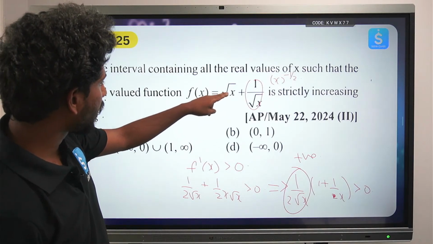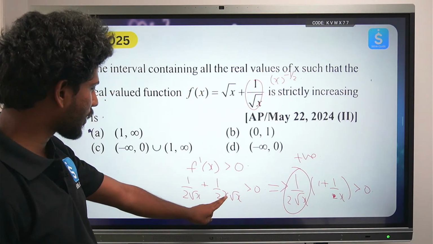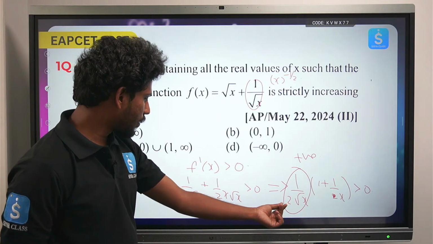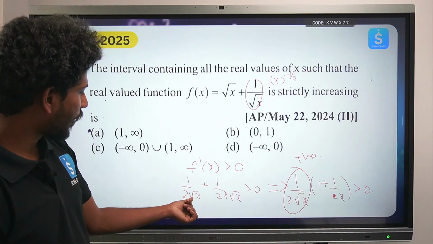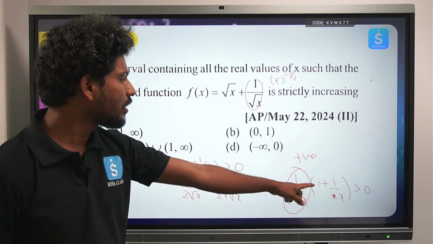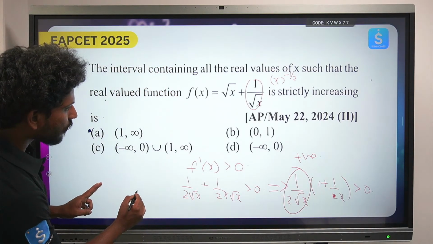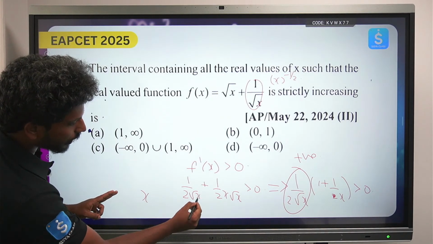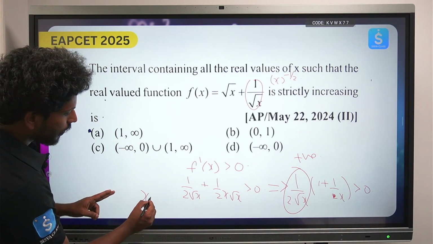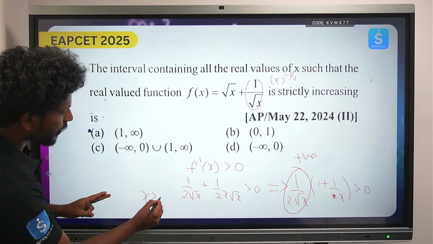f dash of x is 1 by 2 root x. This will be x to the power minus 1 by 2, 1 by 2 x root x. So 1 by 2 x root x, and you can take 1 by root x common, so that will become x plus 1 by x is greater than 0. So x plus 1 is greater than 0, and here you can never ever take the values to be less than 0, because always the values of x are greater than 0.